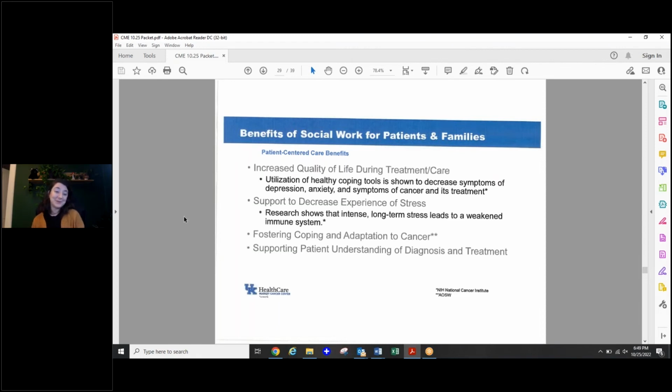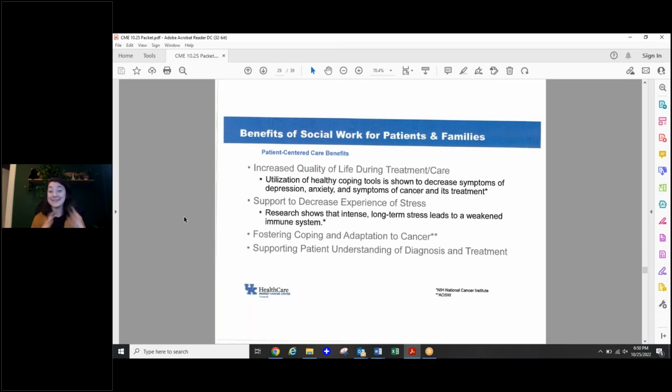Utilization of these healthy coping tools is also shown to decrease experience of stress, which, we all know, long-term stress can certainly lead to a weakened immune system. So we help our patients not only identify healthy coping tools while they're in the midst of a diagnosis and treatment, but long-term, ongoing, how to help them moving forward.